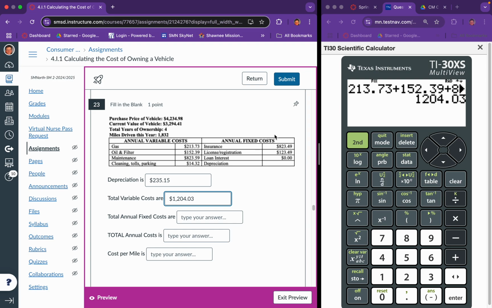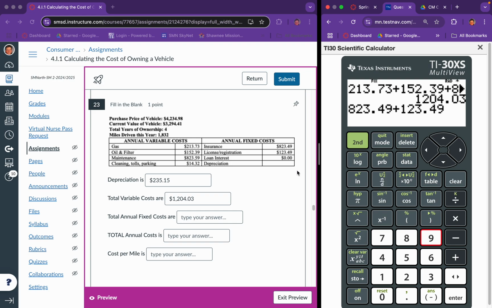You also had these fixed costs. You bought insurance. The insurance for your car was $823.49. You paid for your license and your registration, which is $123.49. That number is not real high because your car is real old. If your car is real old, it costs less for taxes and everything.